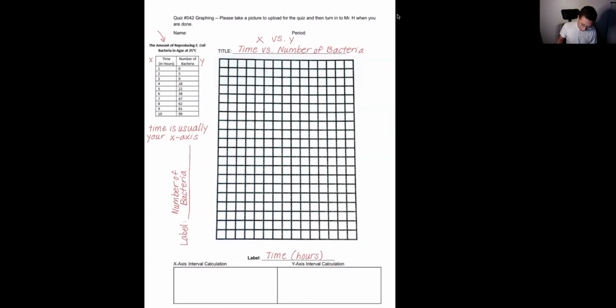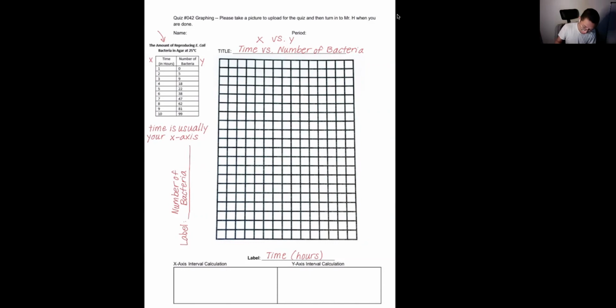So the next part now is we have to figure out how to create intervals for our axes. And I noticed that a lot of you on your quizzes said you didn't know how to do this part. So let's start with our x-axis.